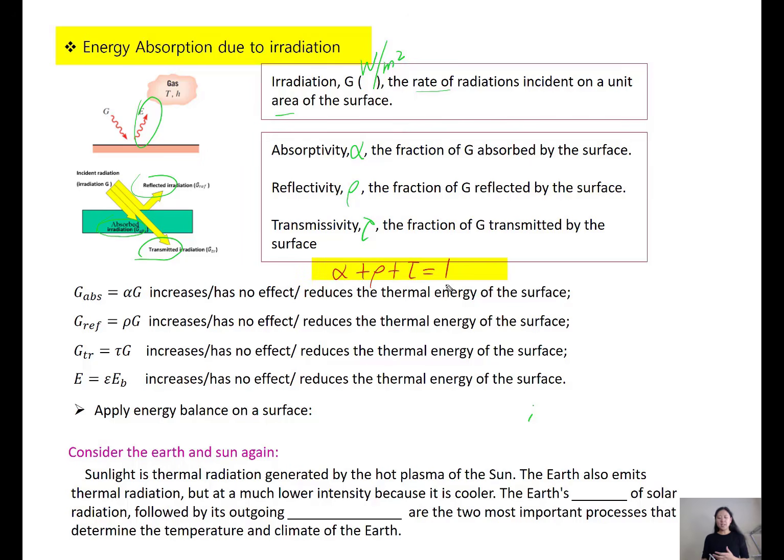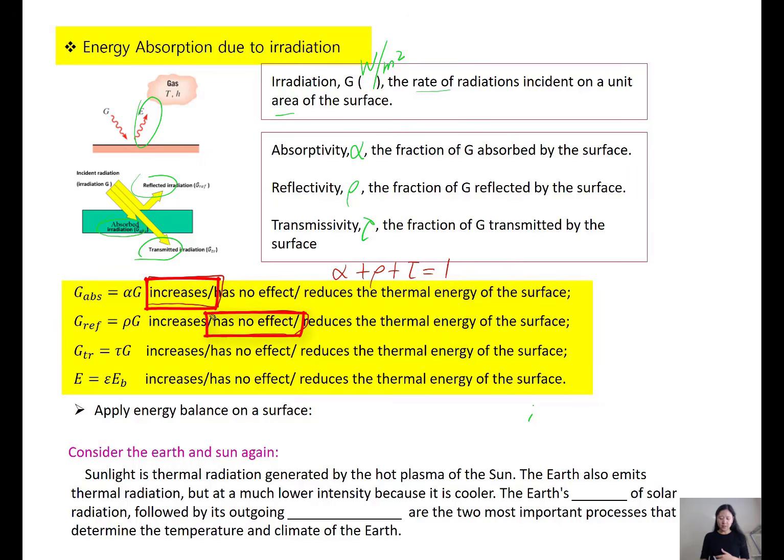Then how does each part affect the thermal energy of the surface? The absorbed energy, yes, it increases the thermal energy of the surface. The reflected part has no effect. The transmitted part has no effect either. And the emission reduces the thermal energy of the surface.